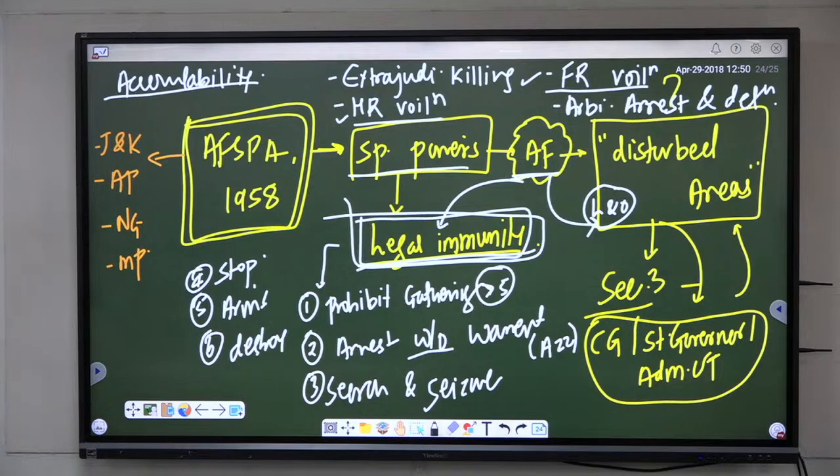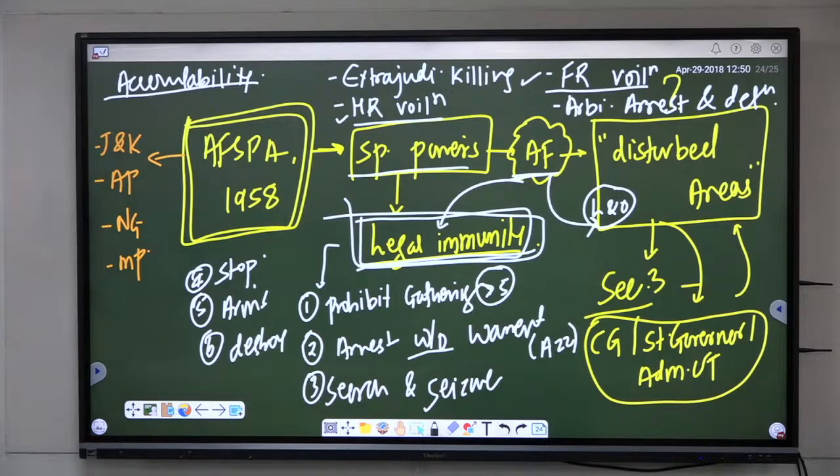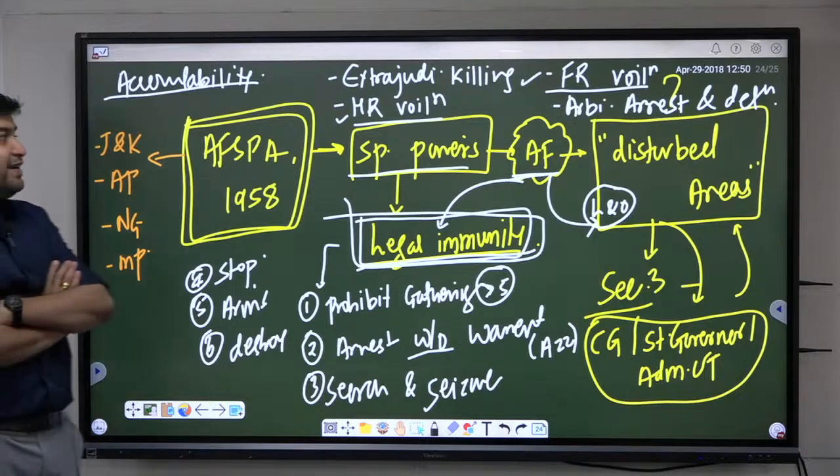A PIL, a writ petition, was filed in the Supreme Court. As per that, 1500 people have died because of this. Is it clear? Second, first is violation of human rights, second is violation of fundamental rights. Power to arbitrarily arrest and detain.